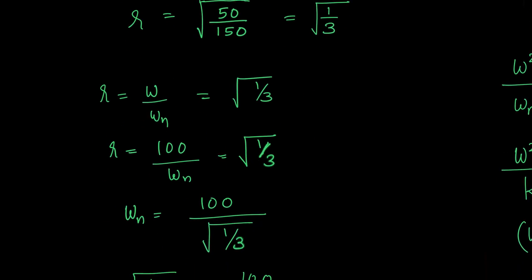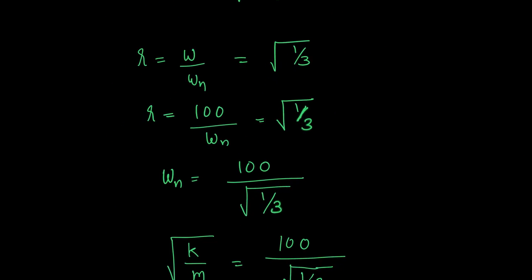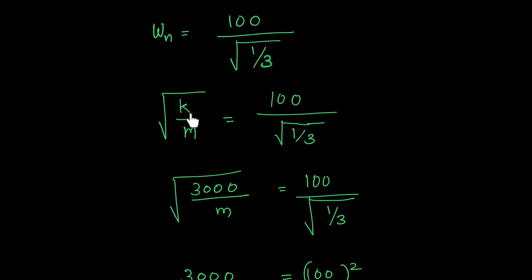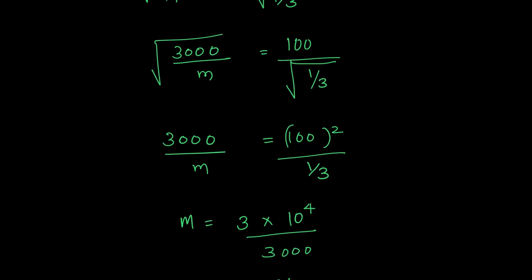Then r is nothing but the frequency ratio omega by omega n. Omega is known, 100; omega n is unknown. So I substitute for omega n in terms of the stiffness and the mass of the system. The stiffness of the system is provided, which is 3000 newton per meter. All other quantities are known, so the only unknown in this expression is m.